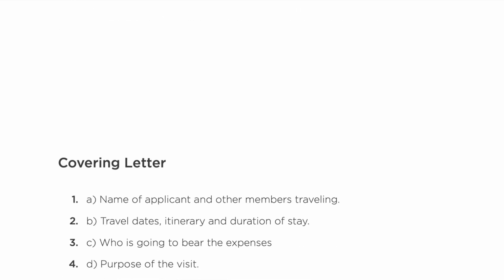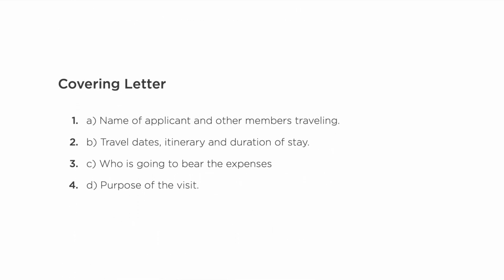Next thing is the covering letter. The covering letter is something which you are writing to the visa officer. It's a letter to the visa officer explaining the purpose of your trip, where you'll be, and what your itinerary looks like.